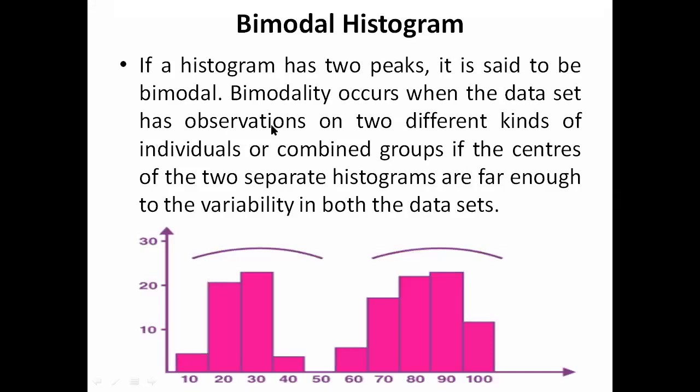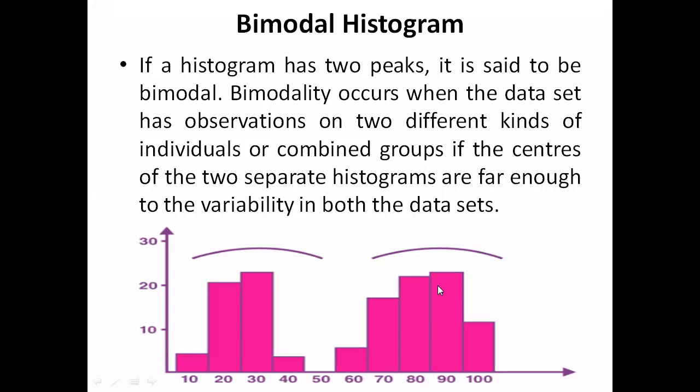Coming to the bimodal histogram. If a histogram has two peaks, it is said to be bimodal. Bimodality occurs when the data set has observations on two different kinds of individuals or combined groups, if the centers of the two separate histograms are far enough apart relative to the variability in both data sets. You can see here these are the two peaks, right?